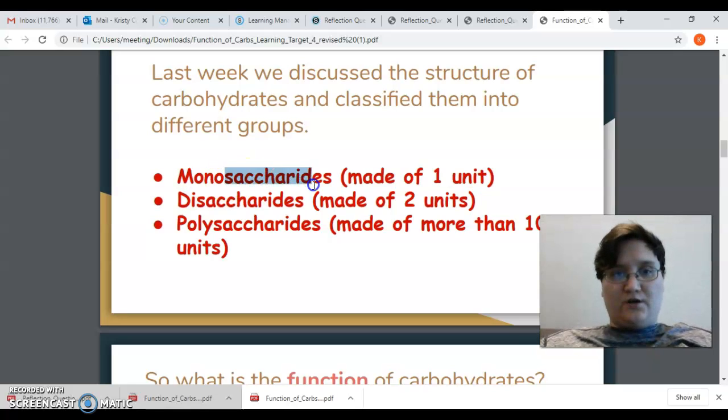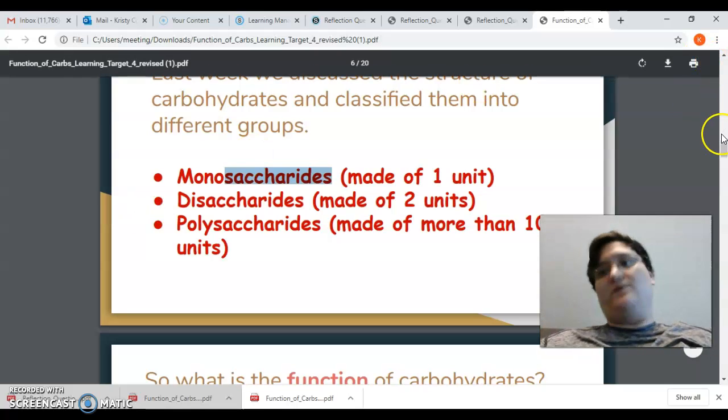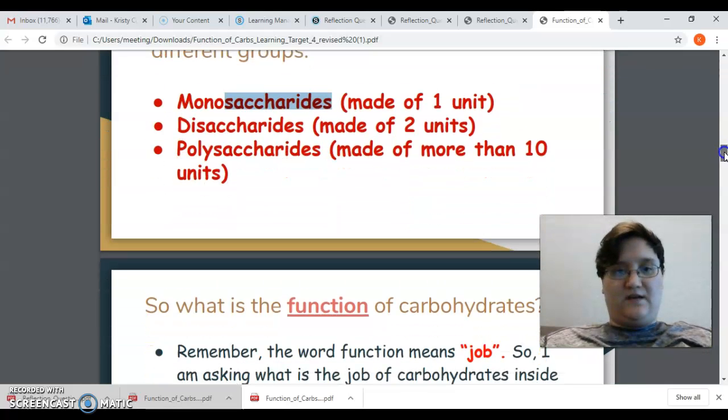Saccharide means sugar, so this means 1 sugar unit. Disaccharides are 2 sugar units linked together. Polysaccharides are more than 10 sugar units linked together. Typically, polysaccharides are hundreds or thousands of units, interestingly enough, linked together.